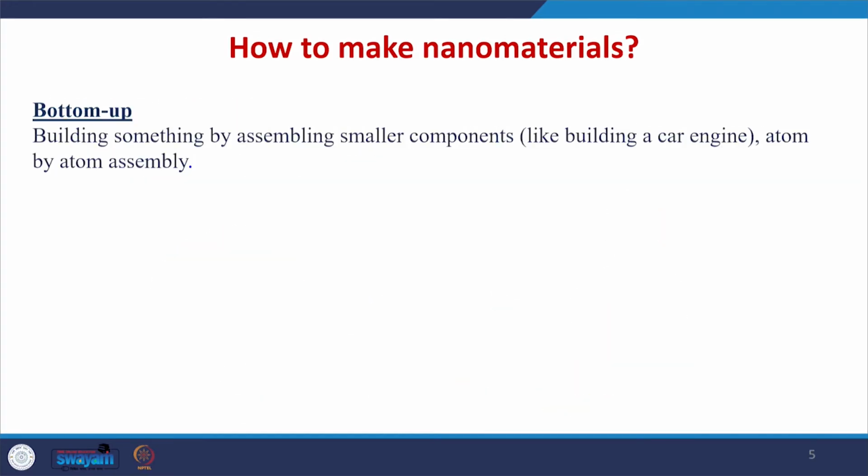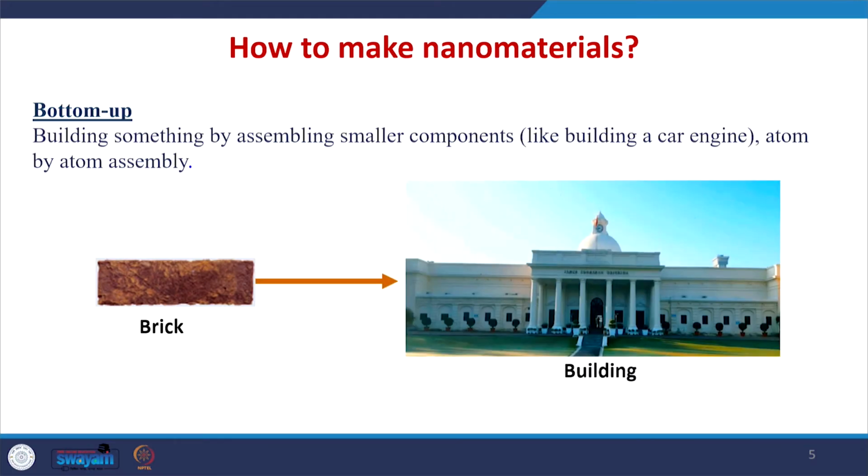The next approach is bottom up approach, that is, it's like building something by assembling smaller components, atom by atom. The simple example for understanding this concept is using bricks and constructing a building. Most of you know the amino acids are the building blocks for the proteins. The size of each amino acid is in the range of angstrom, and these amino acids combine and form the nanoscale protein.